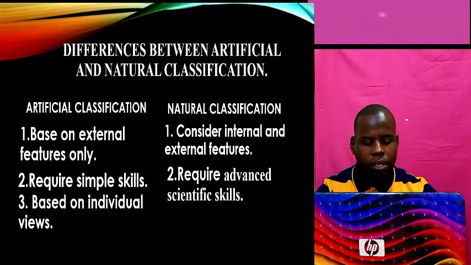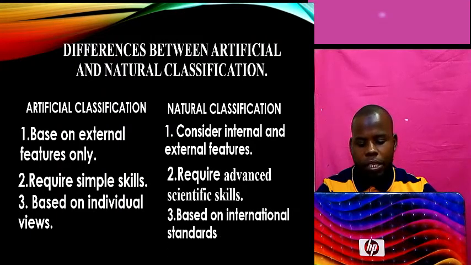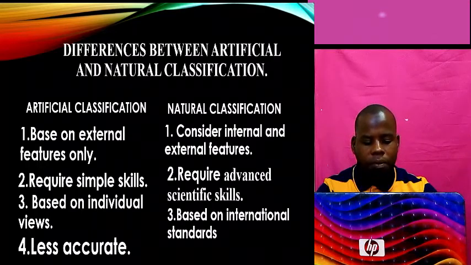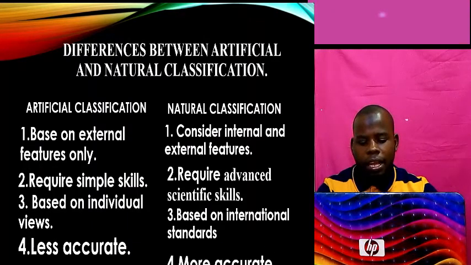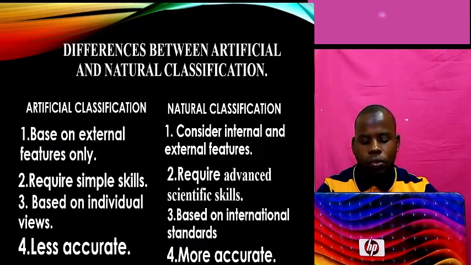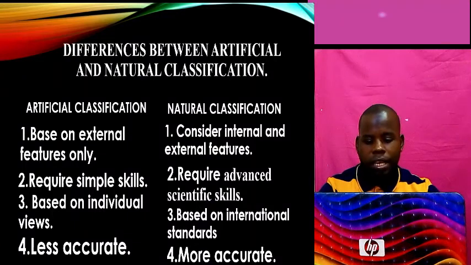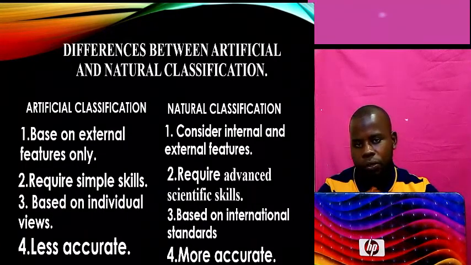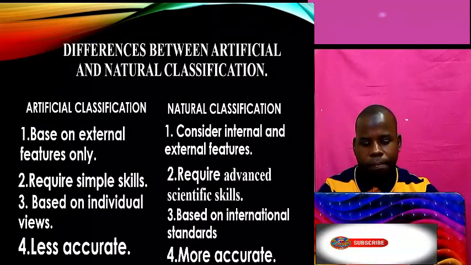Number three, artificial is based on individual views, but natural is based on international standards. Number four, artificial is less accurate, but natural is more accurate. That is the difference between natural and artificial classification.